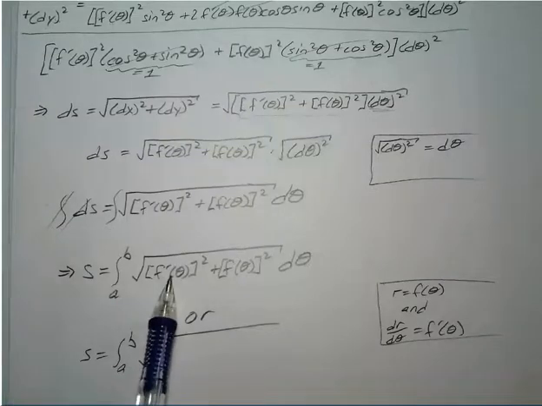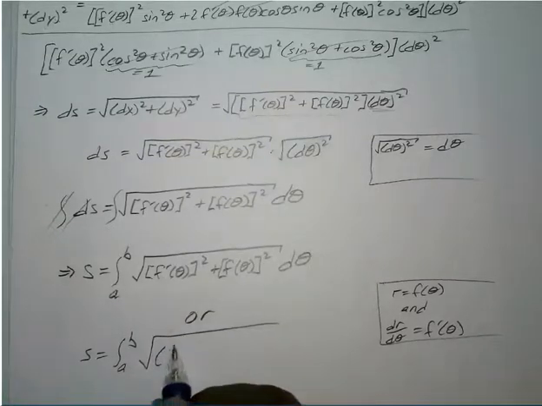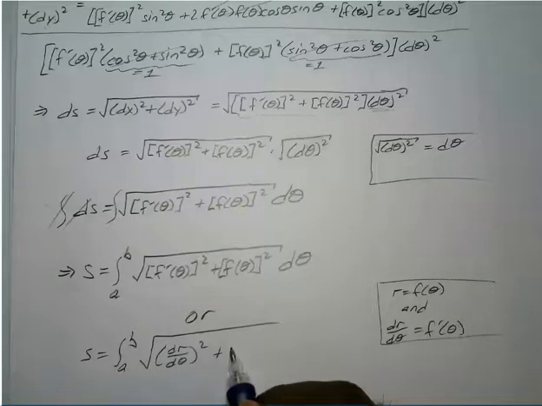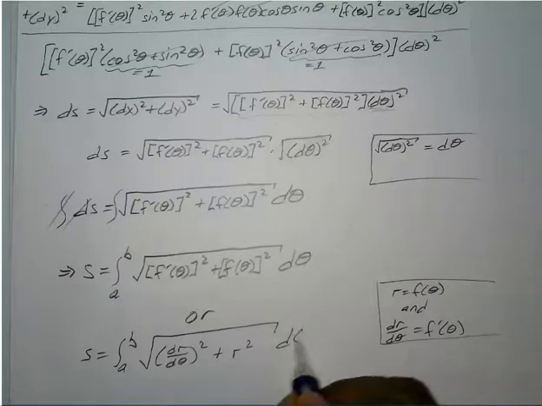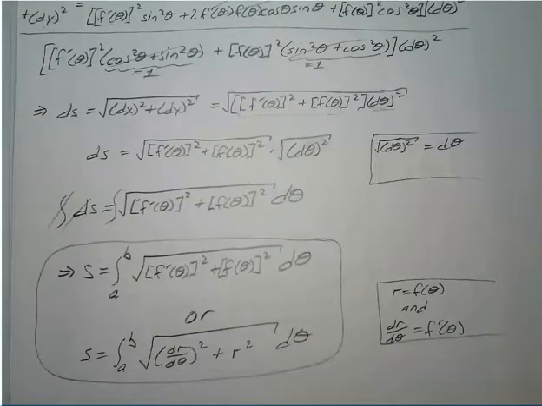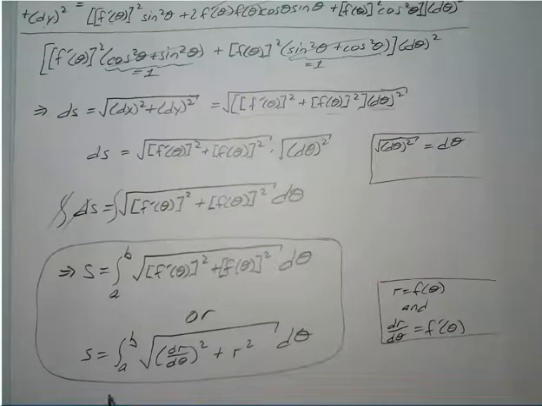So instead of f prime of theta, we can make that dr d theta squared plus r squared with respect to theta. So really you can use either formula to find our arc length. Arc length of polar coordinates.